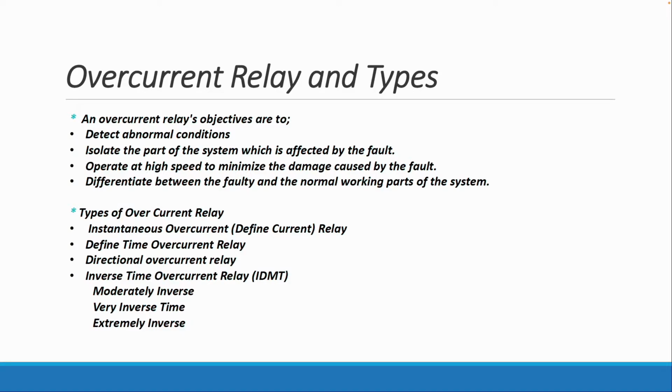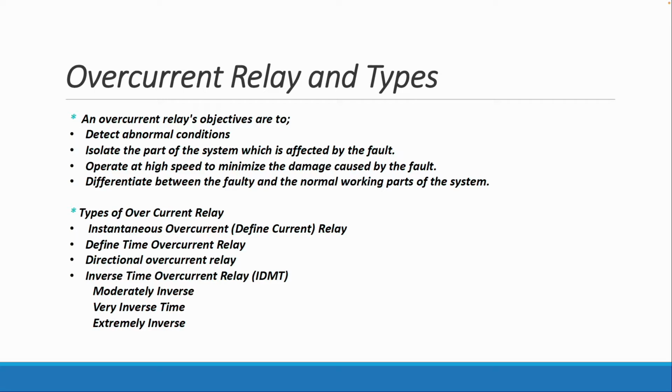Now looking into the types of overcurrent relays and their objectives. An overcurrent relay works to detect any abnormal conditions in the power system or circuit, and it isolates that part of the system at high speed, minimizing the damage caused to the system.